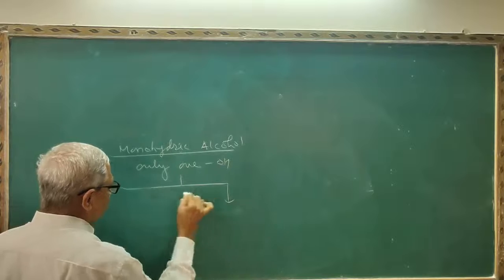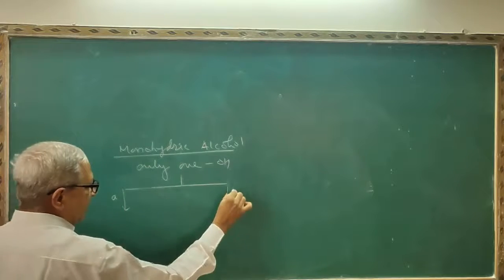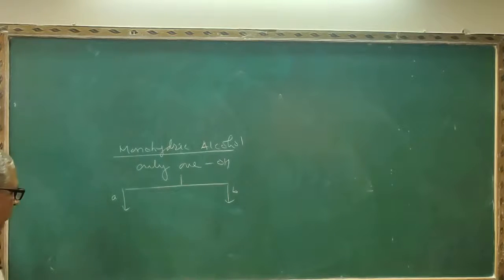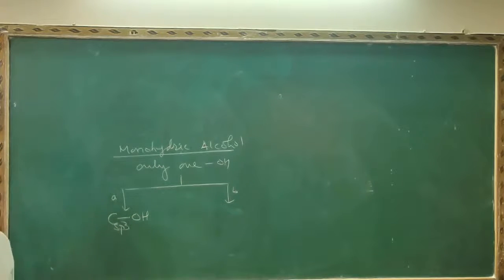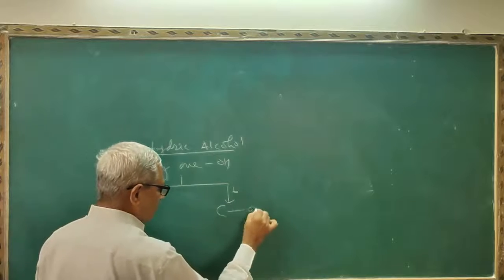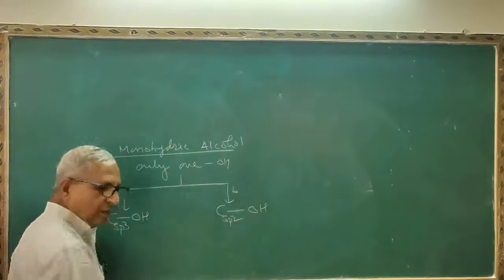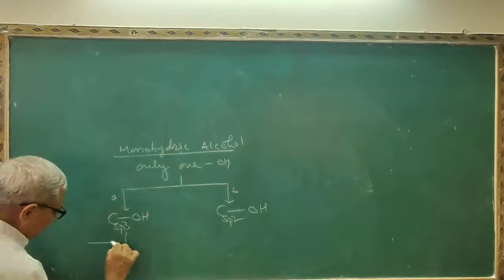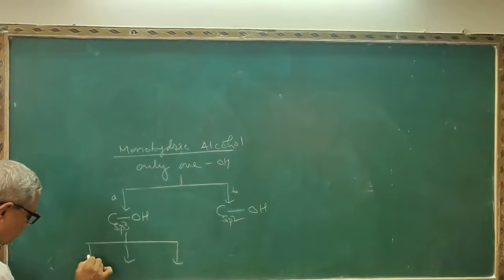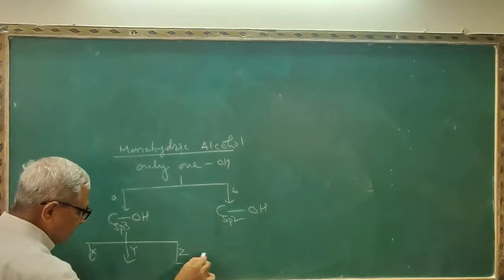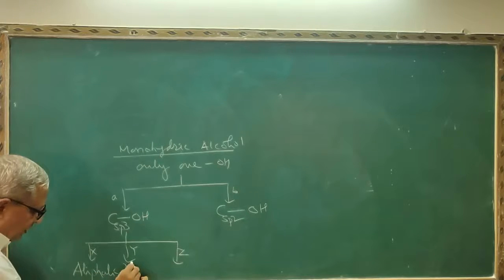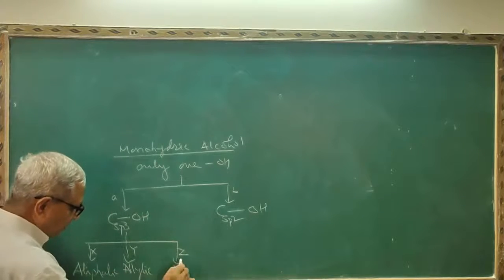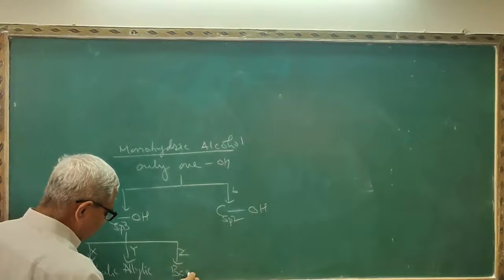These are classified into two types, A and B. A is the OH group directly attached to the sp3 carbon. Second is the OH group attached to the sp2 carbon. Then these are classified into three types, X, Y and Z. First is aliphatic alcohols, second is allylic alcohols, third is benzylic alcohols.